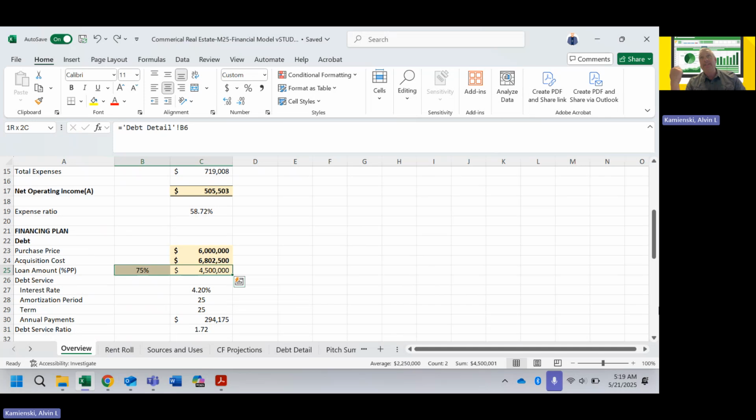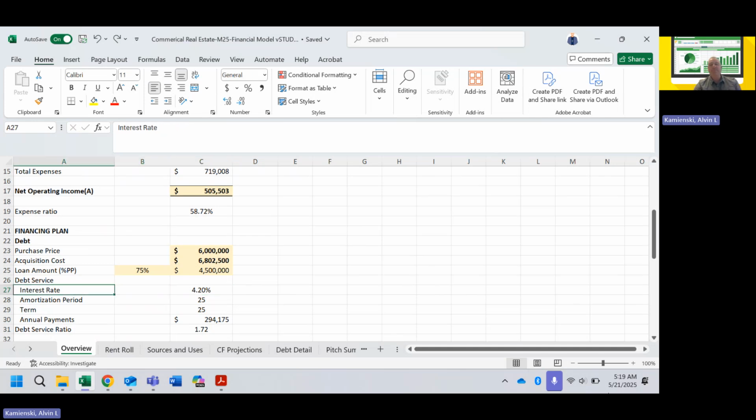When I left Matt the other day, he's actually in Vegas at a conference for this right now. He was in his final discussions with the bank, who was telling him that at his 75%, he was going to have to pay an interest rate of, I think he was at 6.5% at that time. When I built this sample model a few years ago, interest rates were much lower.